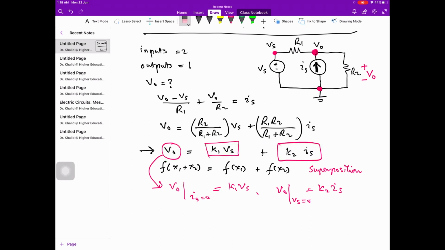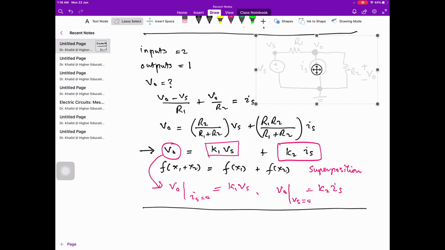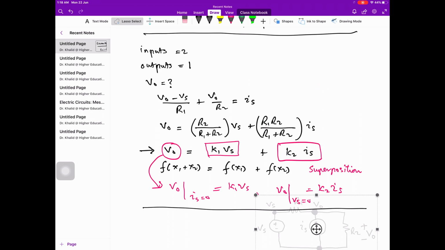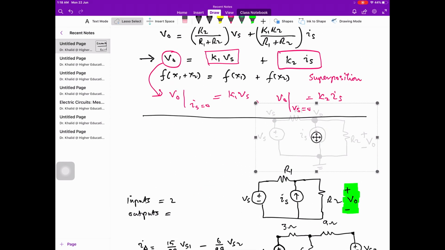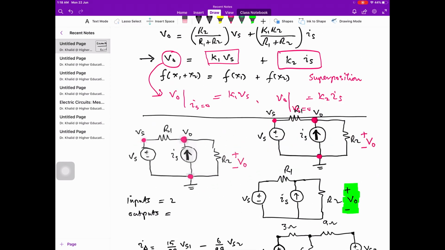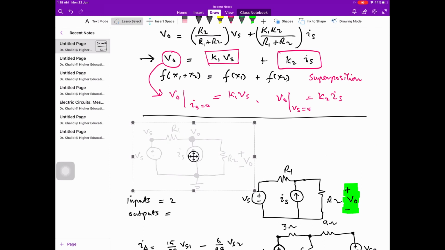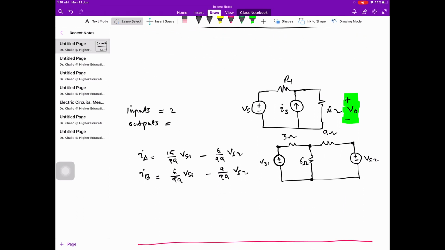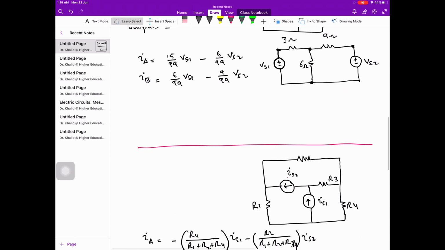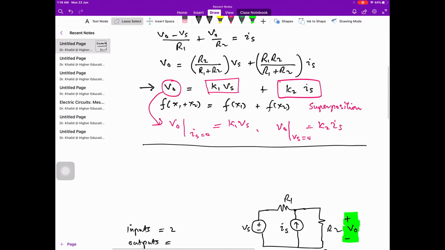Now I will redo this again. Okay, first, the light is not getting over here. This was not like that, sorry.